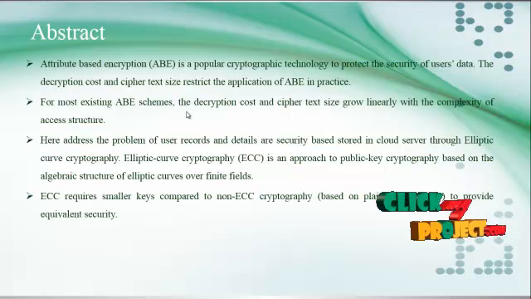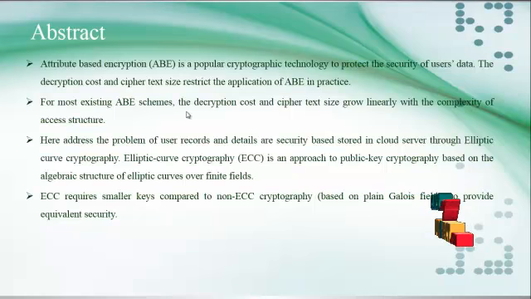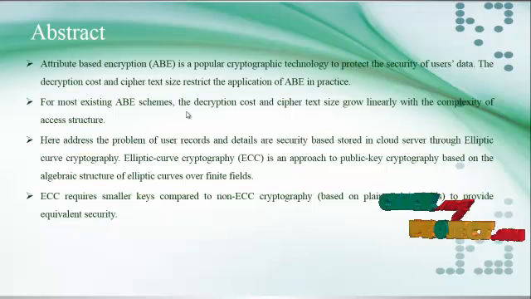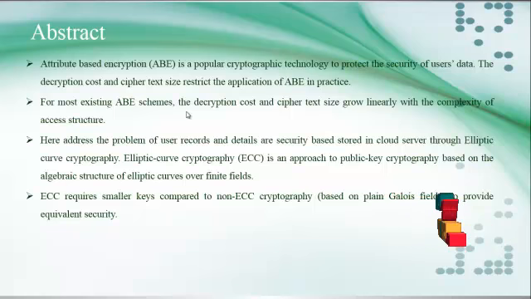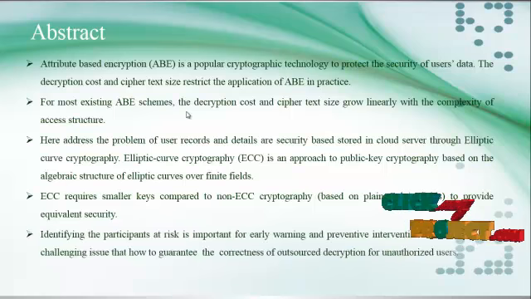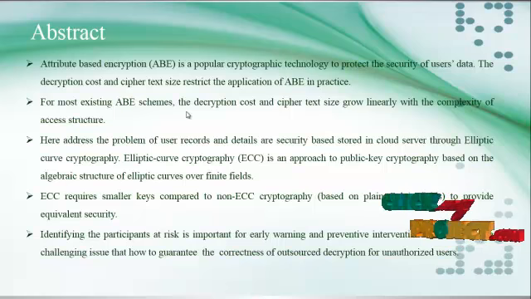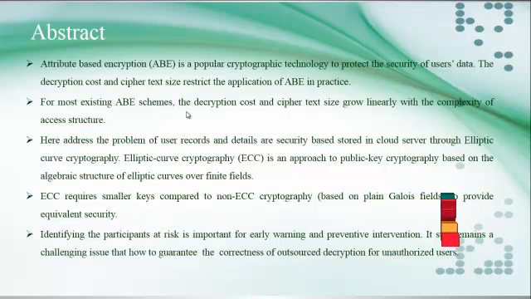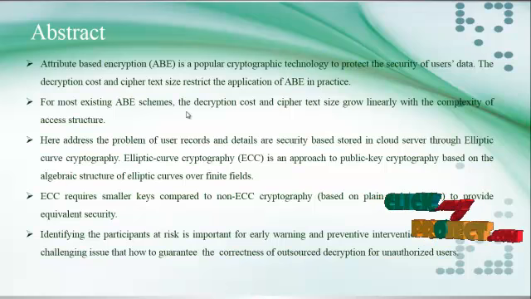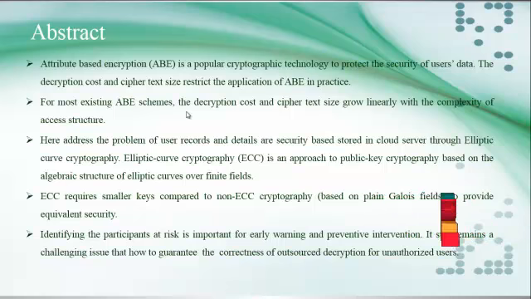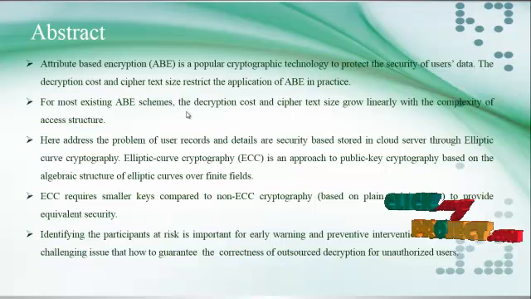ECC requires smaller keys compared to non-ECC cryptography based on plain Galois fields to provide equivalent security. Finally, identifying participants at risk is important for early warning and preventive information. It still remains a challenging issue how to guarantee the correctness of outsourced decryption for unauthorized users.